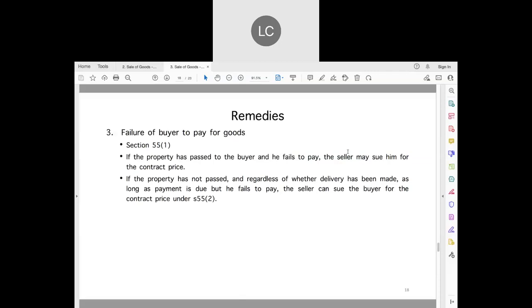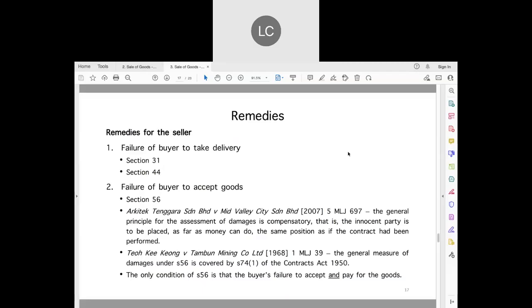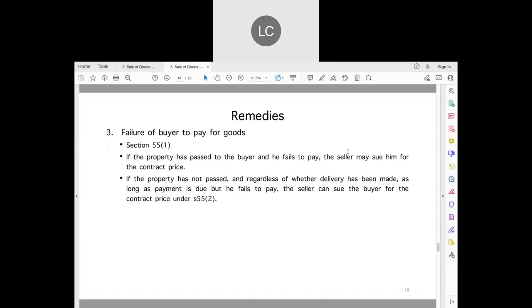So earlier on we have seen section 56, which deals with a failure of buyer to accept goods, and then section 55, failure of buyer to pay for goods. There might be confusion as to whether section 55 or 56 is to be used in a particular situation.